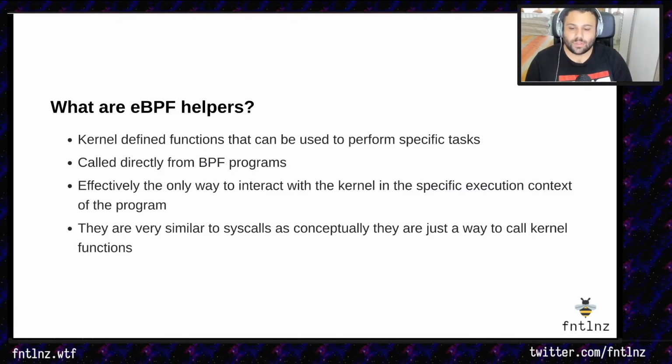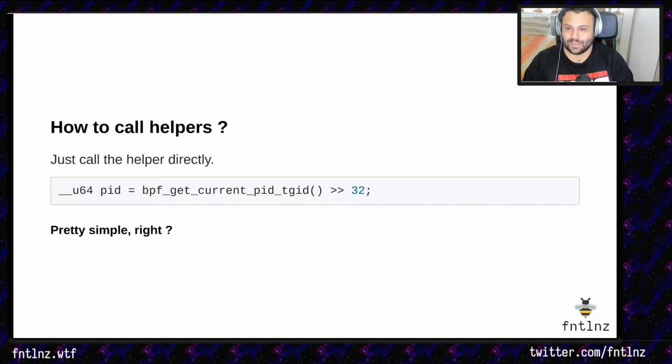This is not true anymore in some way, because now you can also call kernel functions directly with recent kernels, but still this is 99% true. And in my opinion, they are very similar to syscalls, and conceptually they are just a way to call kernel functions. So it's just a way of interacting with the kernel like syscalls are.